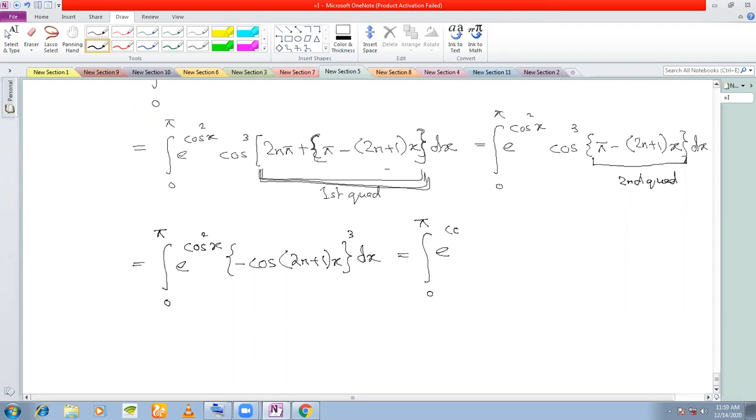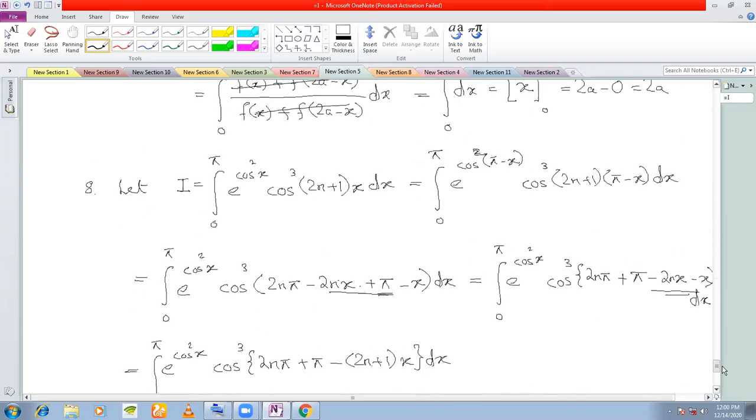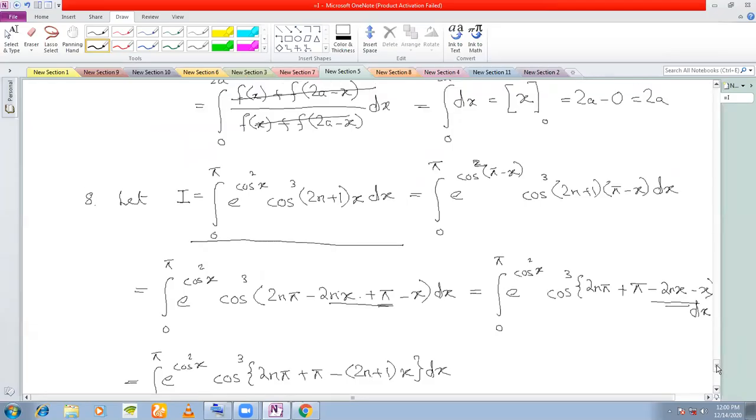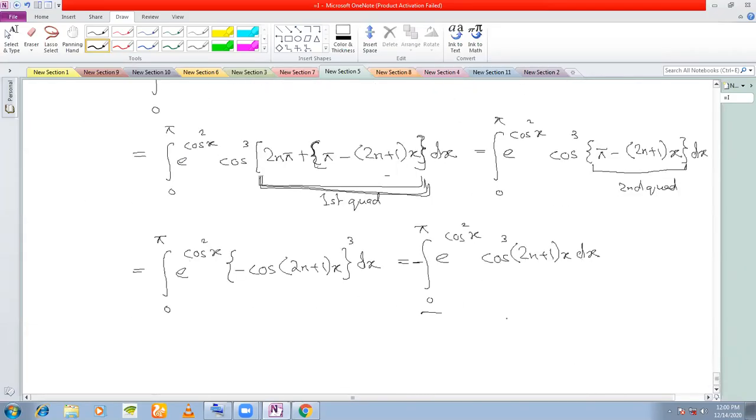e to the power of cos square x. Now this is cos cube, so this will become a minus cos cube (2n plus 1)x dx. Now what happens? See that we are getting back the integral. I is equal to this, and after all the workings we are also getting this is equal to this.